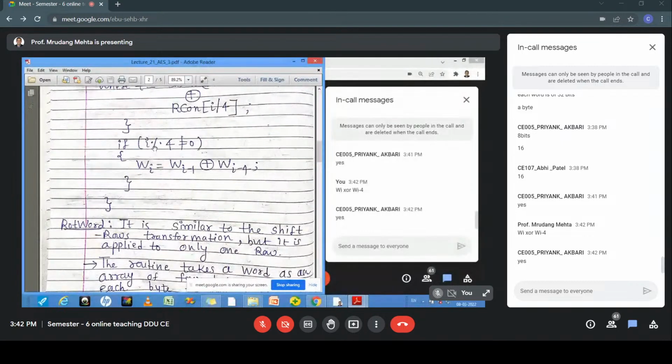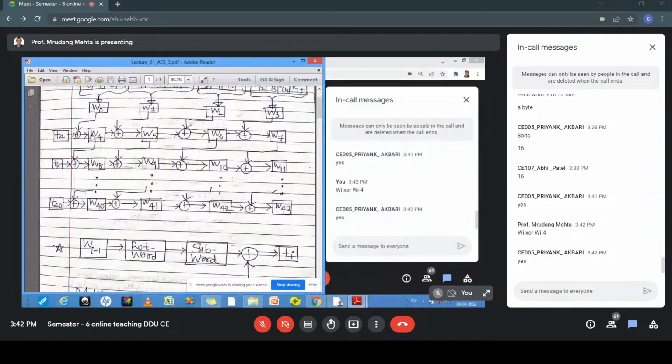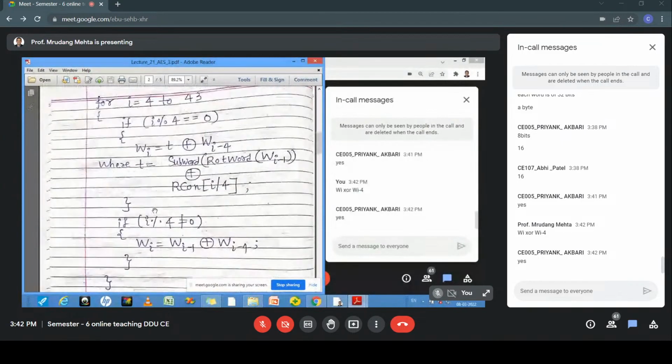For i equal to 4 to 43, in this, these blocks 5, 9, 41 are i mod 4 not equal to 0.